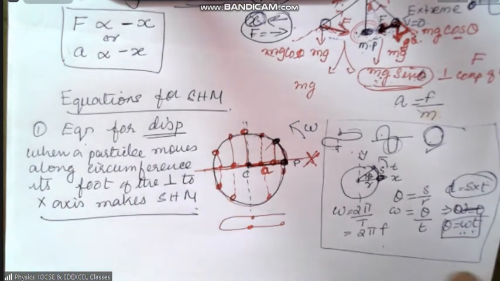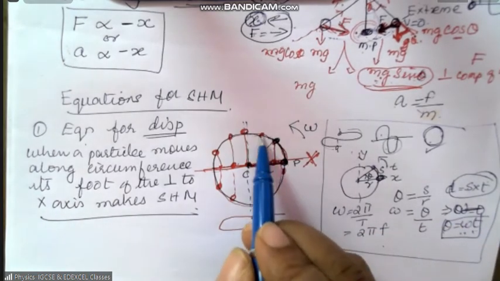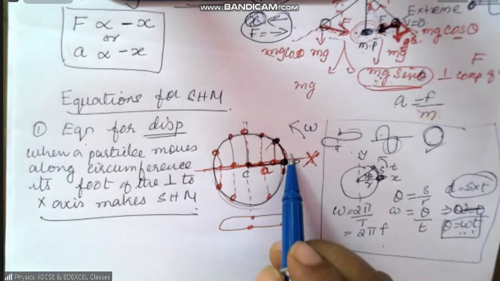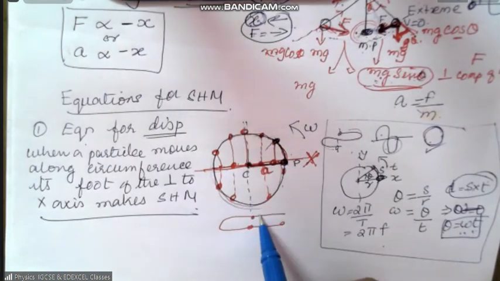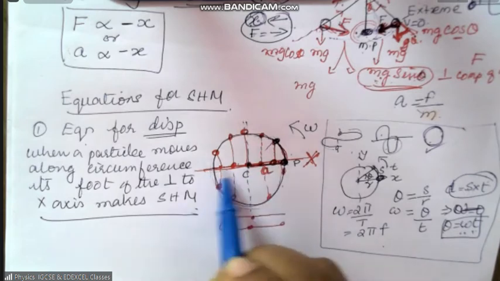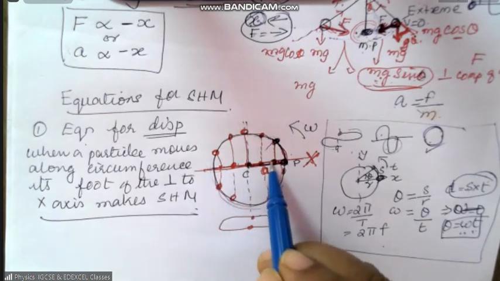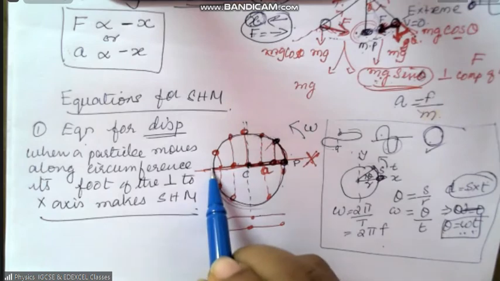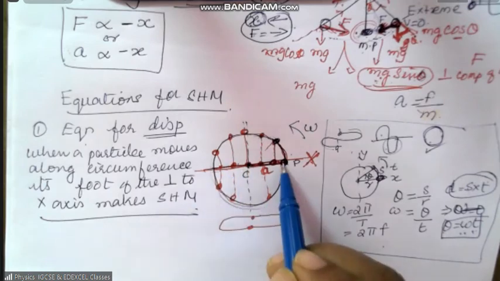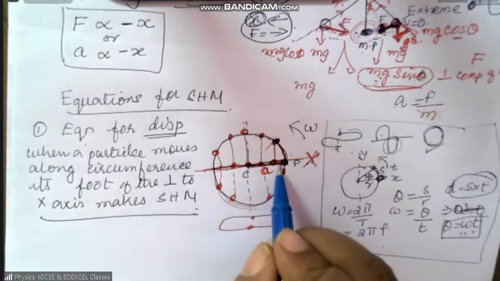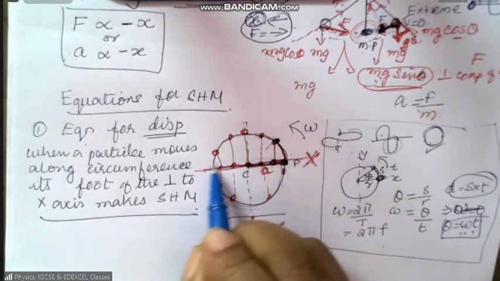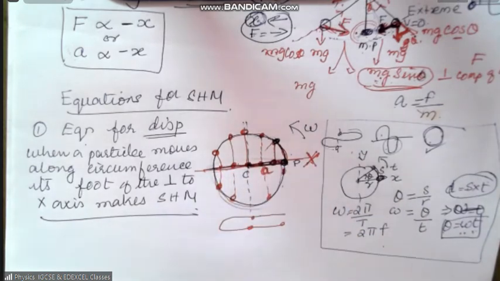Is this point clear? The particle is actually moving in this path, but as the particle moves, whether it is up or down, its foot of the perpendicular is always here. It was here, here, here, then came back to this one. So we are going to learn about the motion of the foot of the perpendicular.